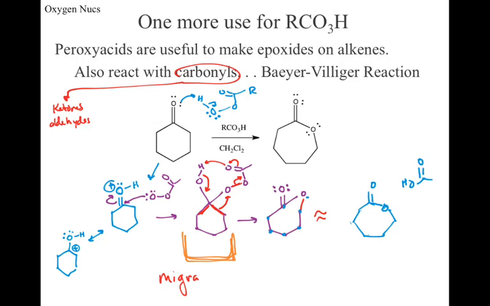So we could look at a migratory characteristic or attribute. This is kind of up in the air. We don't have a really good explanation for this. But in general, the more stable the carbocation, or stable cation, is what shifts.